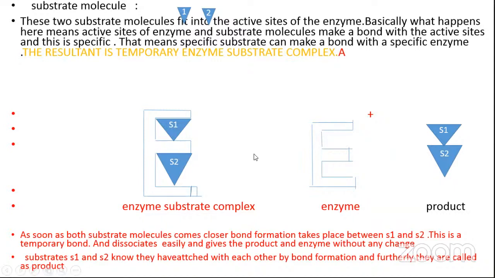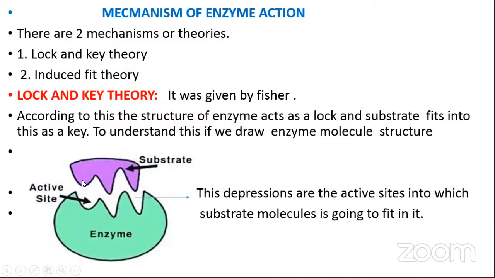So, at the end of this chemical reaction, the enzyme comes out as it is without undergoing any change, and the substrate molecules, by combining with one another, result in the formation of a new product. So in this way, Fischer explained the lock and key theory.